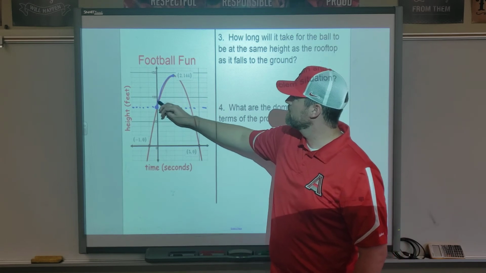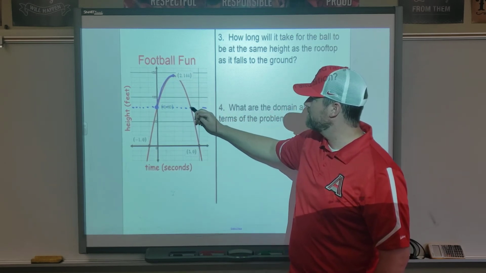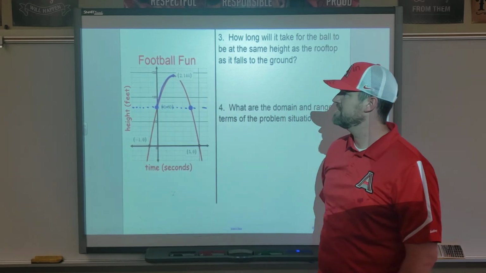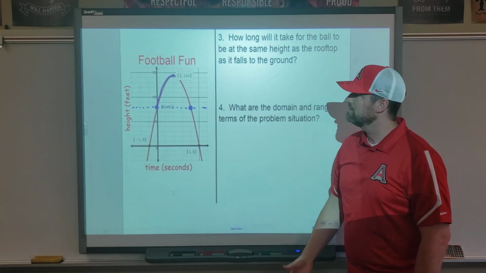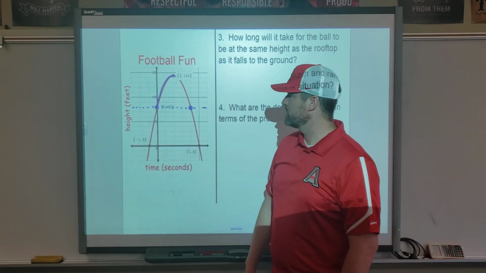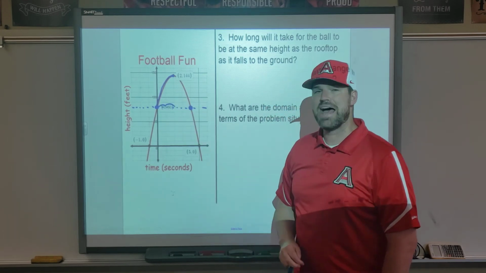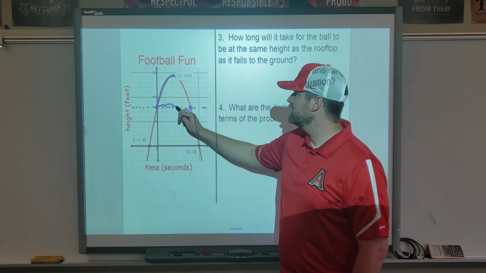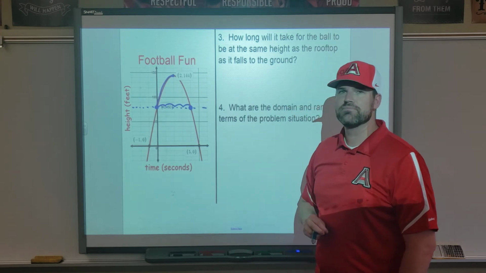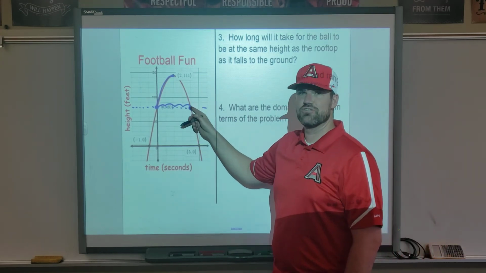So here's the rooftop. And we know that he threw the ball up, and now it's going to come back down. And I want to know, how long will it take to get to there? Well, we know that parabolas are symmetric. So if it took 2 seconds to get to the max, how long will it take to get back to the same height it started from? Right? 2 additional seconds.